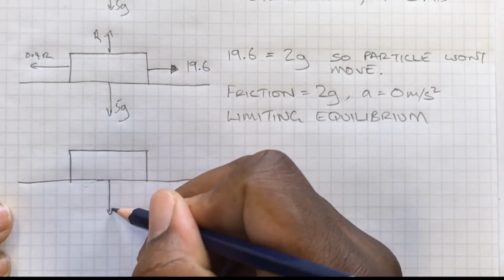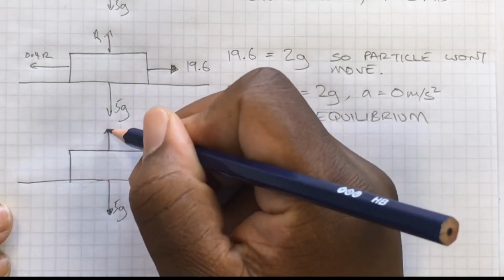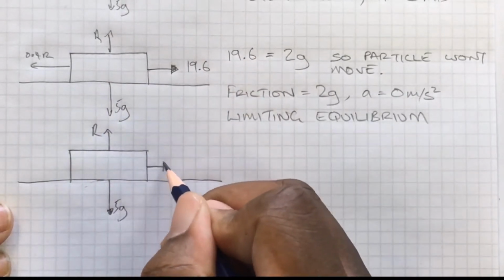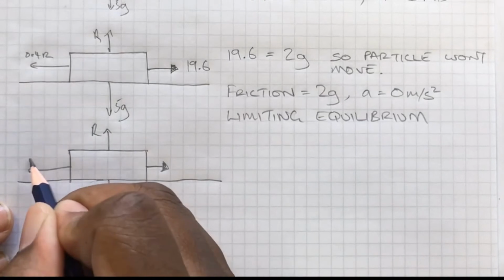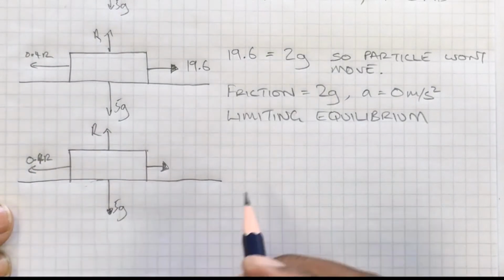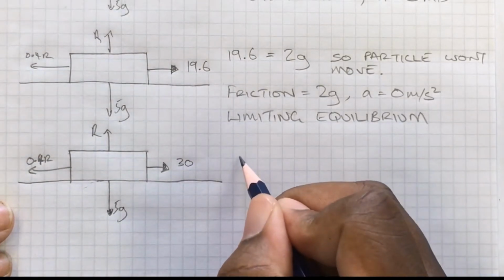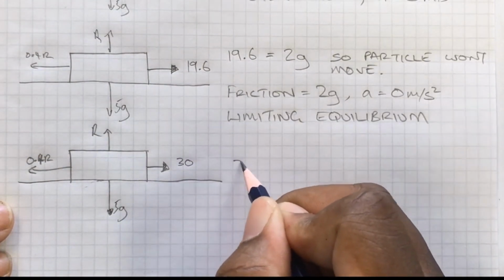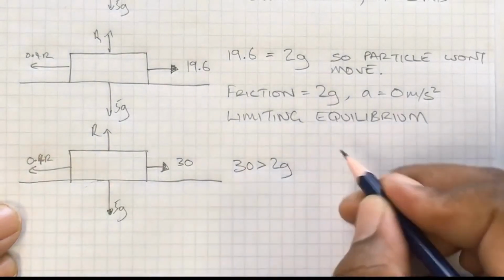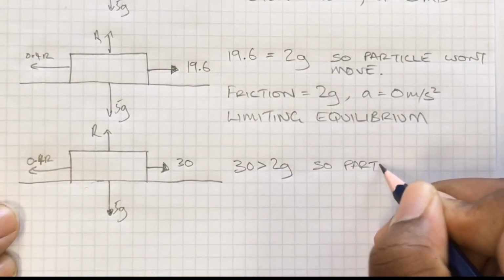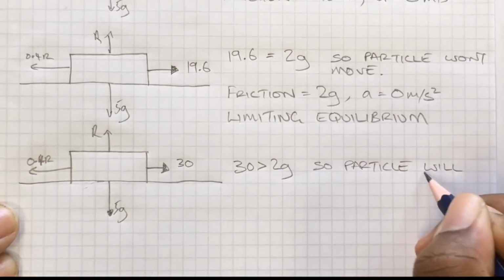Okay, and for completeness, let's do one where the object is in motion. All right, so as always, we'll put our forces on. Got our 5g and my reaction force. Let's increase this driving force. Let's make it 30 newtons. All right, so a quick comparison. The driving force and the maximum friction. 30 is larger than 2g, so this object is going to move. It's going to be in motion.